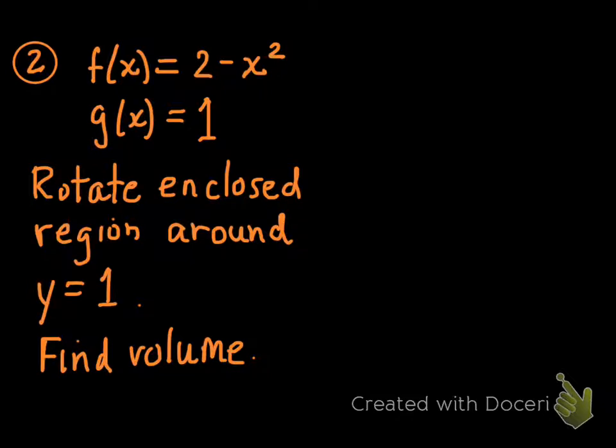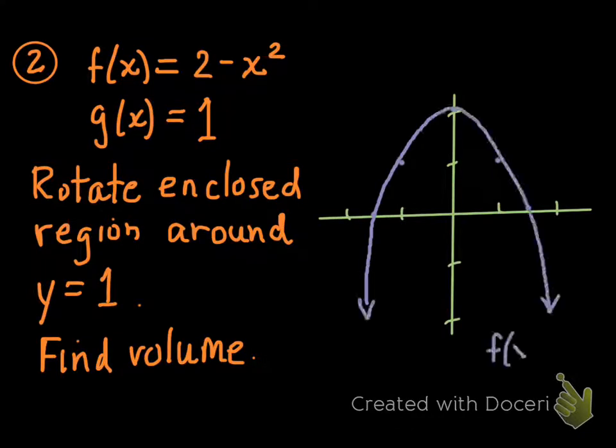We're going to look at that graph in a moment, but the challenge here is to rotate the enclosed region around the horizontal line y equals 1. In doing so, we're going to find the volume of this shape. Let's take a look. I've gone just 2 units in each direction here. Here is the upside down parabola traveling through the ordered pair (0, 2).